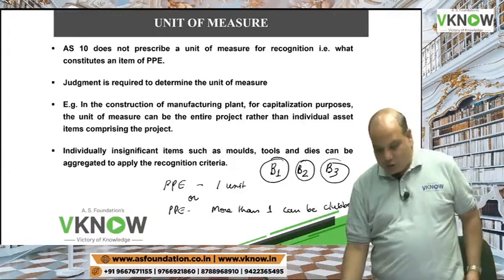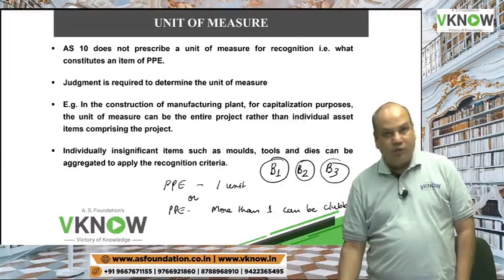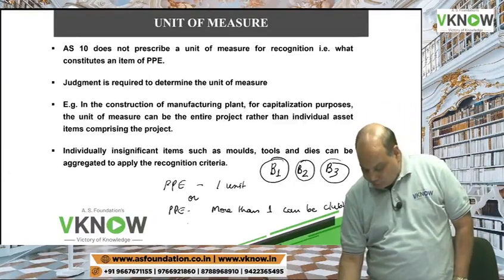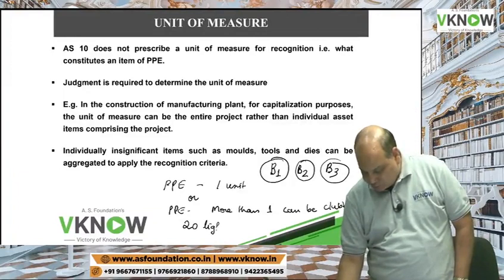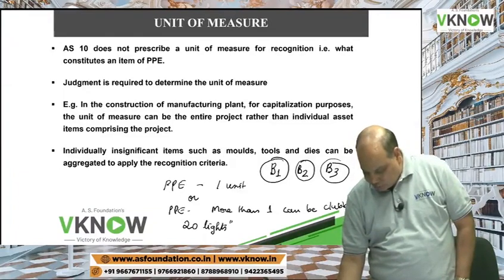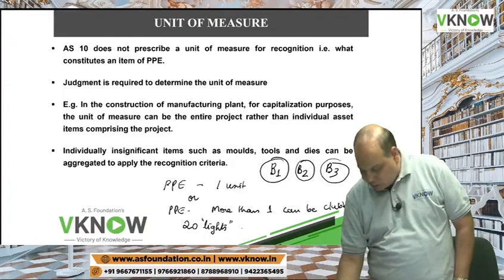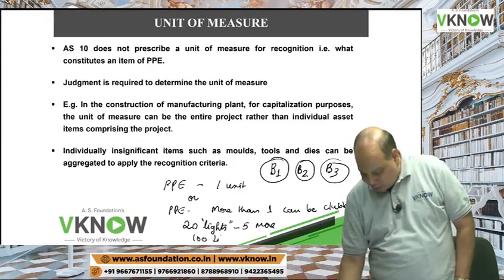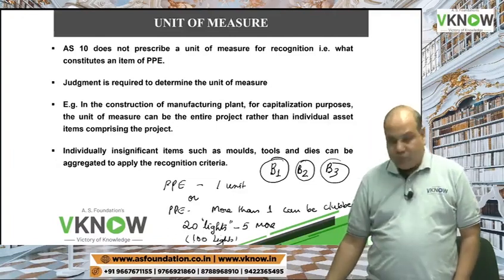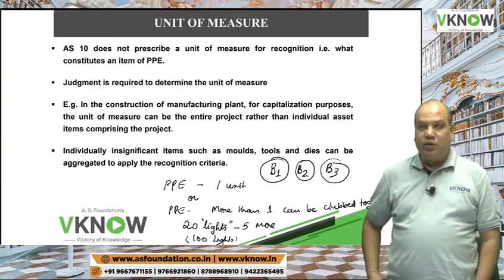However, let us now change the example. Suppose in my classroom there are 20 lights. Similarly, we have 5 more classrooms. So 20 into 500 lights are there, bulbs, tube lights, and halogens.